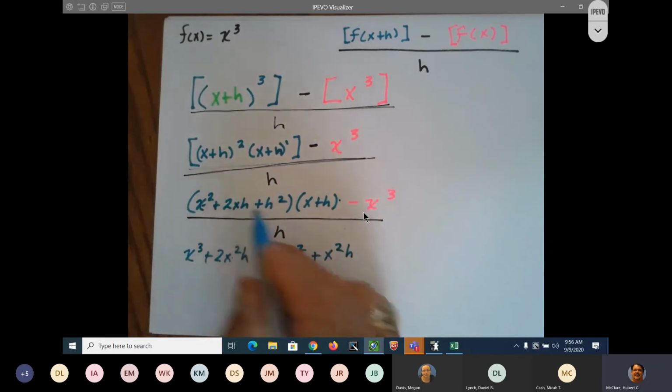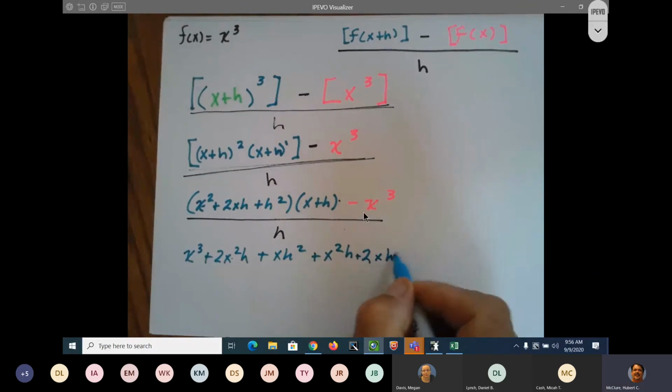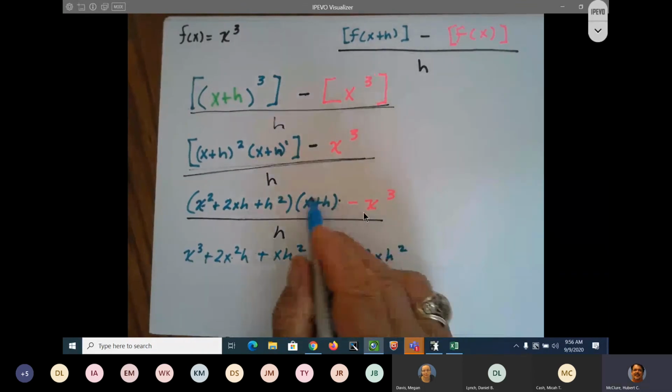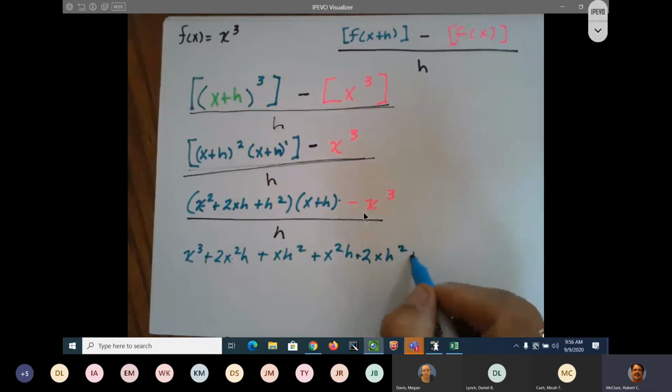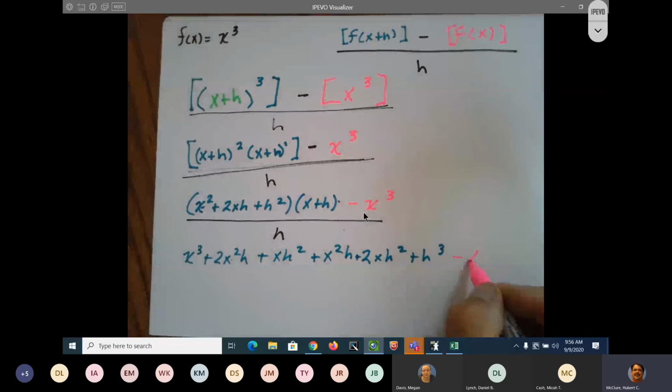And 2XH squared and H to the third. And then minus X to the third. I'm not going to put the H. I'm going to do that at the end.